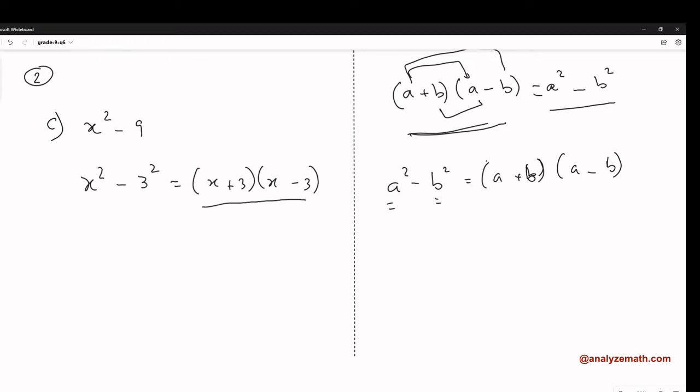This is the factoring of x2 minus 9. We can check as usual. This gives me my x2. This gives me minus 3x, and then this plus 3x, 0. And then 3 times minus 3 gives me minus 3 square, minus outside, of course.